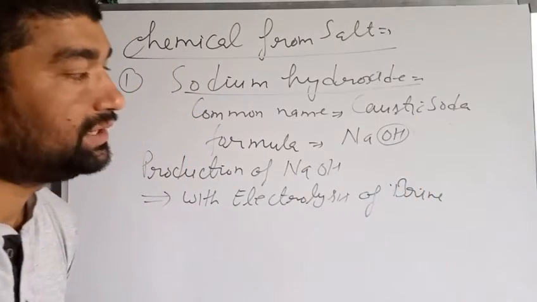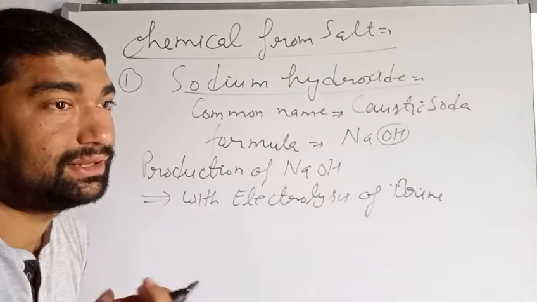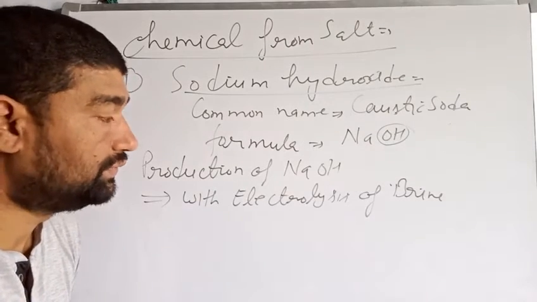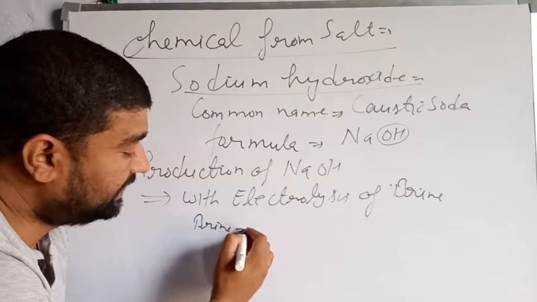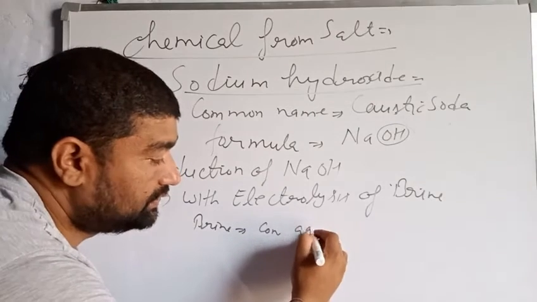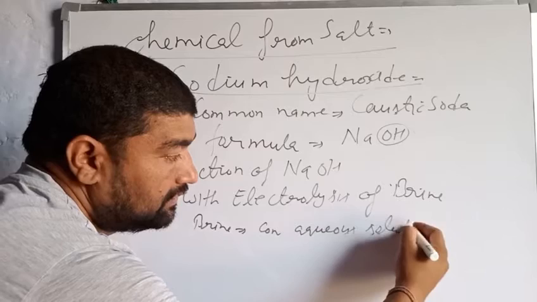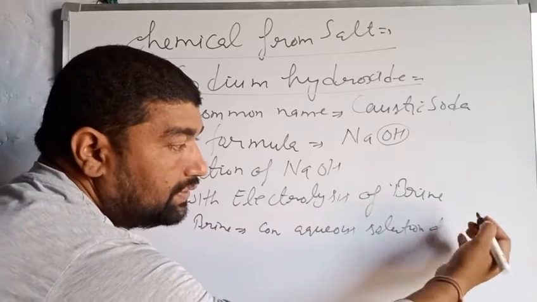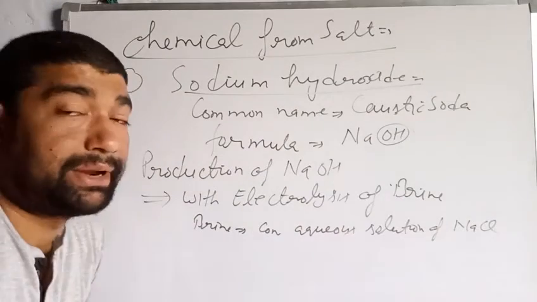Now there will be a question in your mind: what is brine? This is a new word introduced for you. Brine is the concentrated aqueous solution of NaCl. That is called brine.